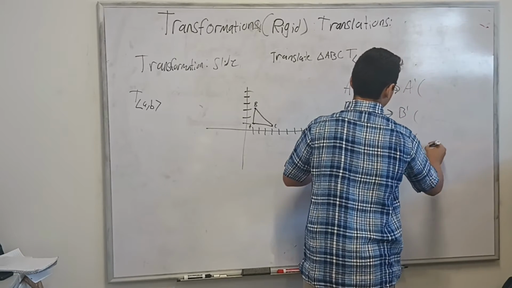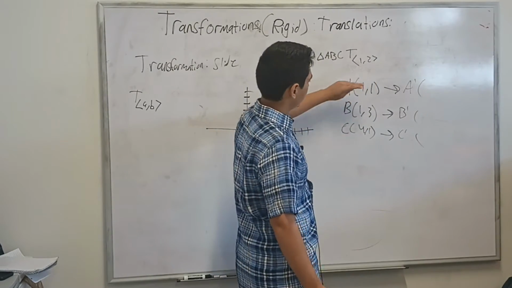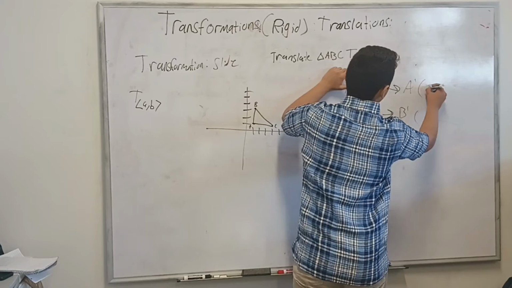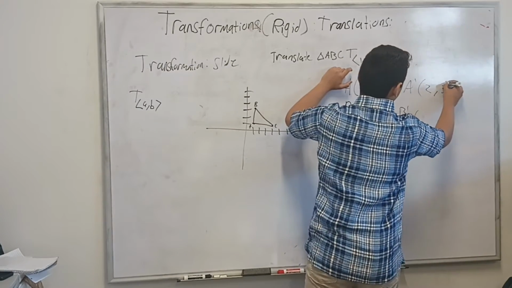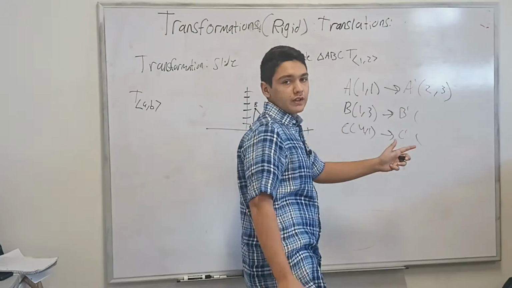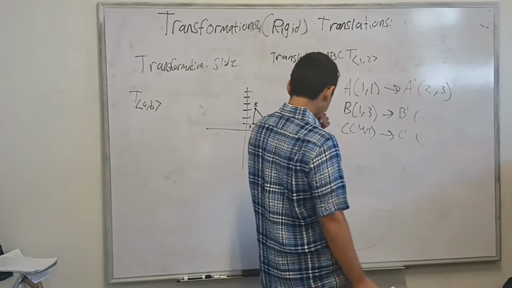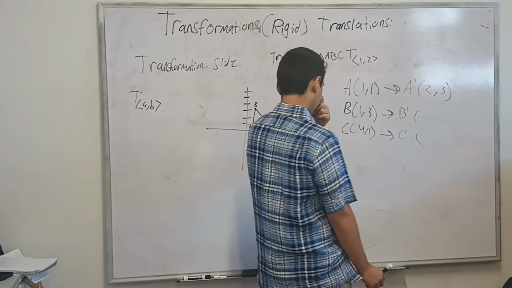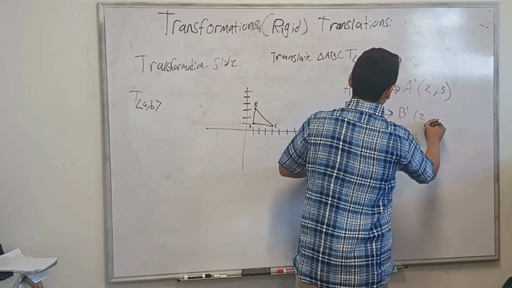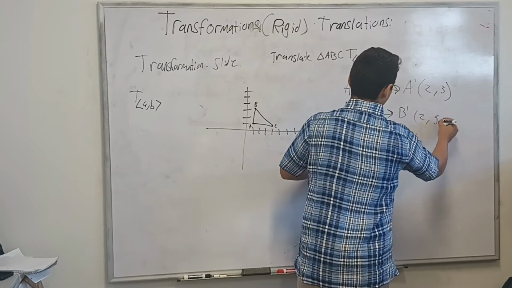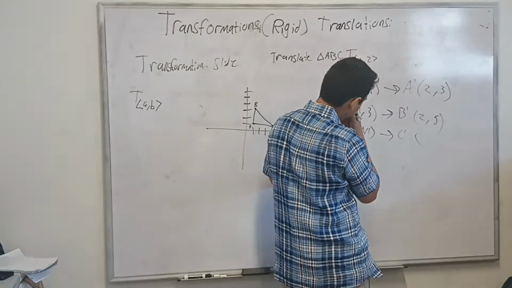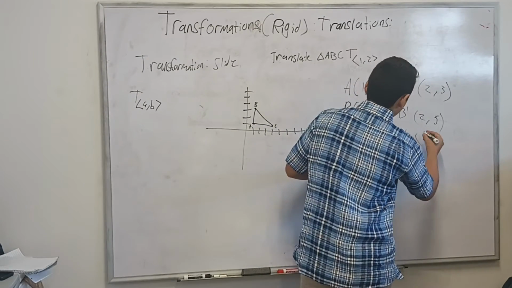If we add the translation vector to A, we'll get (2, 3). So A prime, that's our image, is going to be at (2, 3). Now we add our translation vector to B, which will give us (2, 5). Okay, and then that's B prime. And C prime is (5, 3).